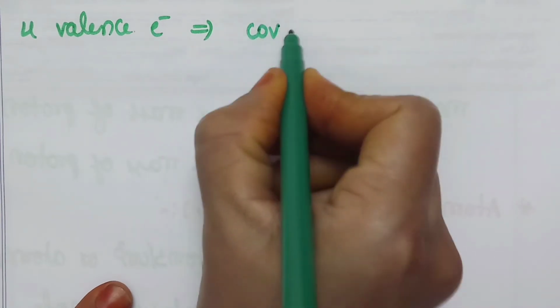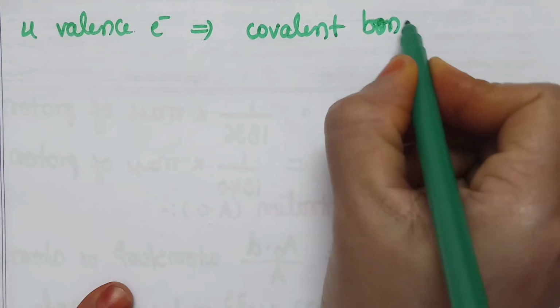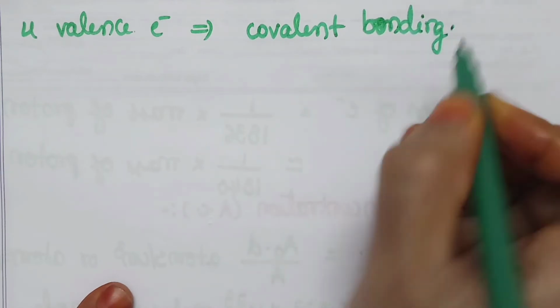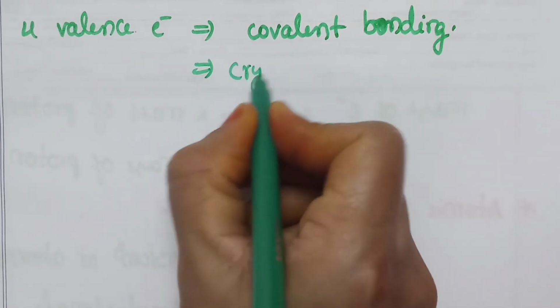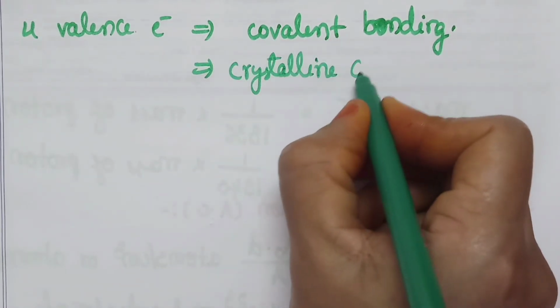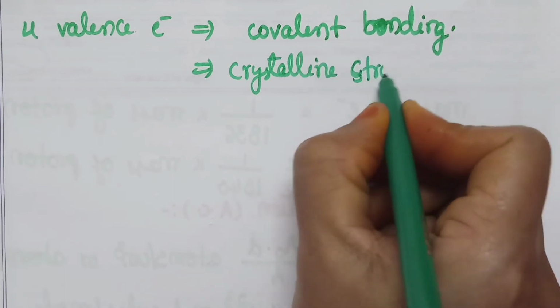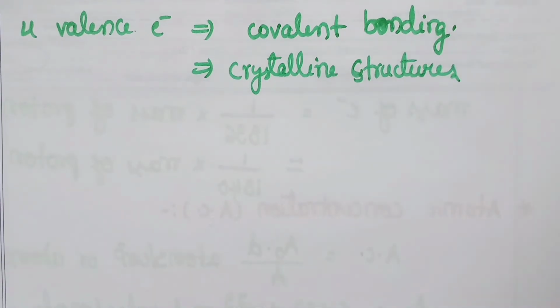At low temperature, 4 valence electrons result in covalent bonding between the 4 silicon atoms or 4 germanium atoms. And they also possess crystalline structure, which is a useful property for a semiconductor. So they are very useful as semiconductors.